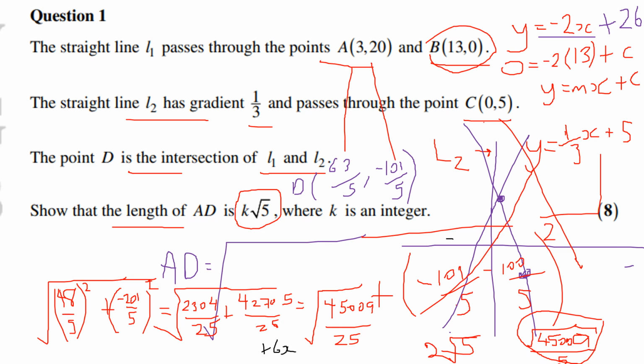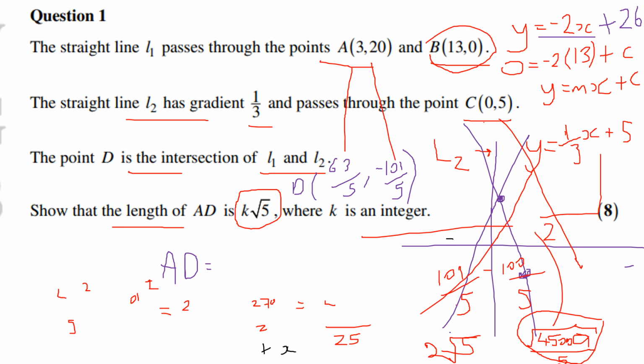Unless I'm not finding the difference, unless I'm actually adding it instead. So let's try adding and then square rooting. Let's just see what happens. I'll leave that number there for a second.